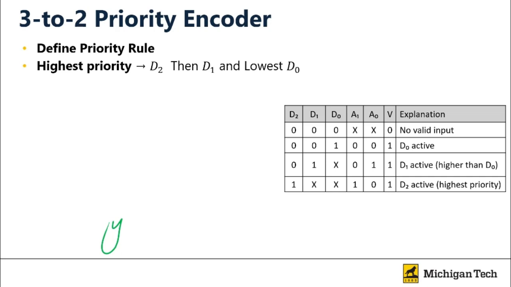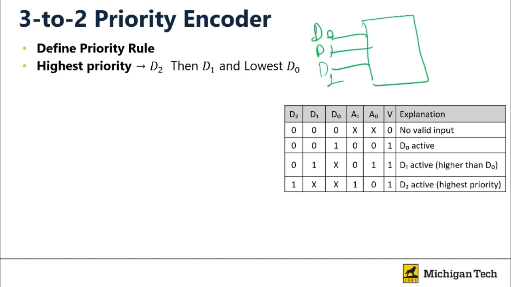Okay, a 3 to 2 priority encoder. Right now, we want to design a priority encoder that gets 3 inputs, D0, D1, and D2, and makes 2 outputs, A0 and A1.